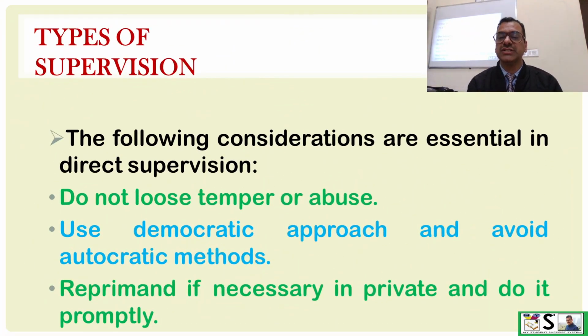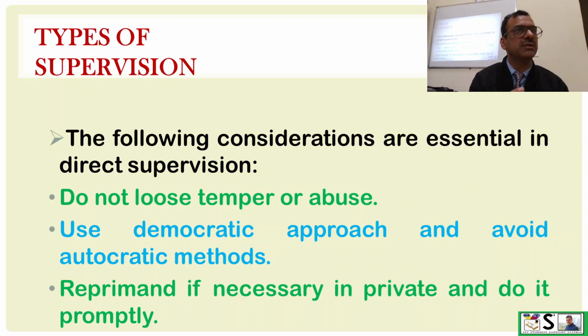Then the following considerations are essential in direct supervision. During direct supervision, the supervisor should keep in mind some points. What are those? Number one, do not lose temper or abuse. Okay, because when we are directly with the client, observing and discussing, some other people will also be there.